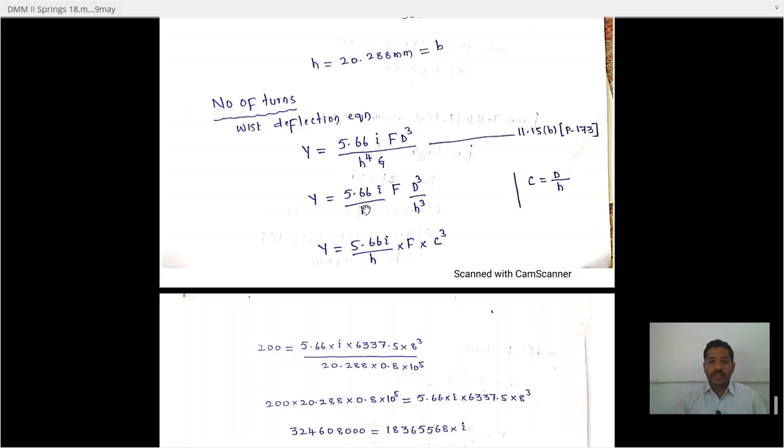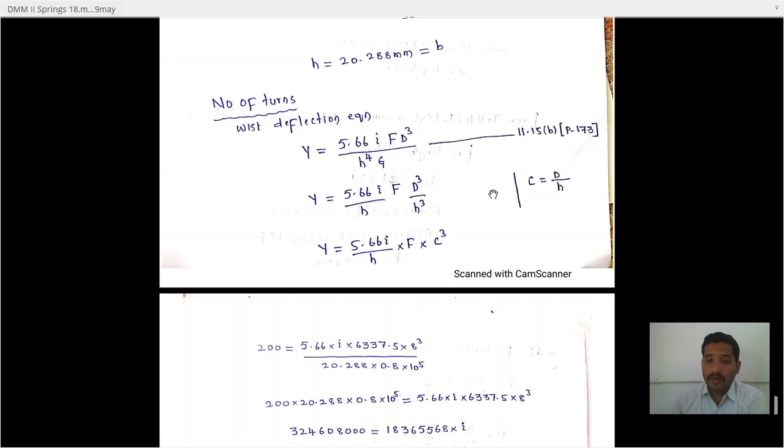The deflection formula is y equal to 5.66 into I, the total number of coils, into force into mean diameter cube, by height power 4 into the modulus of rigidity of the material. Refer to this equation 11.15b, page number 173.